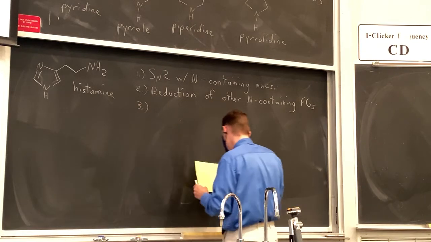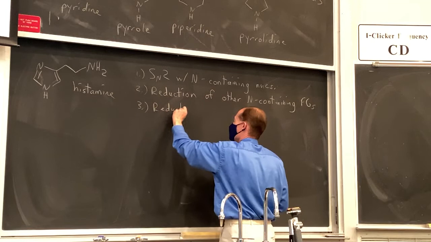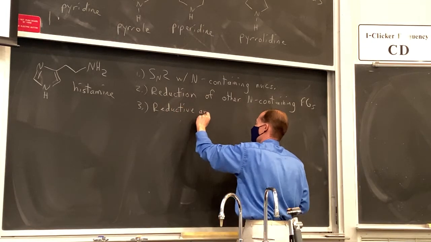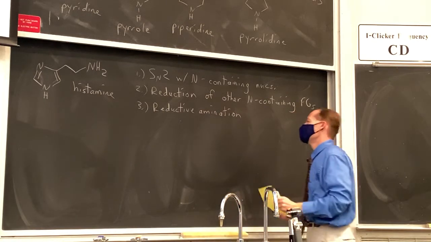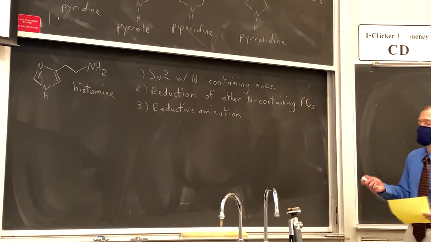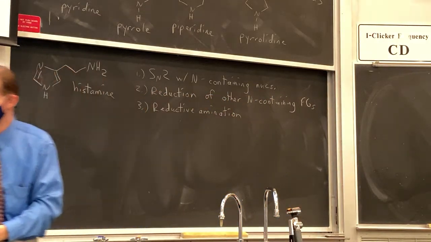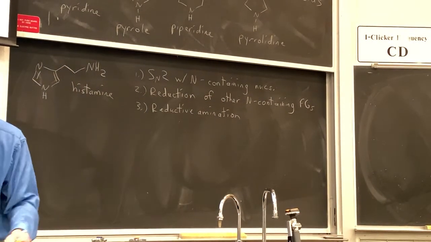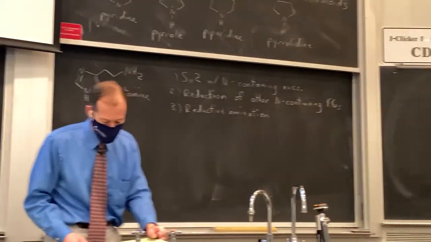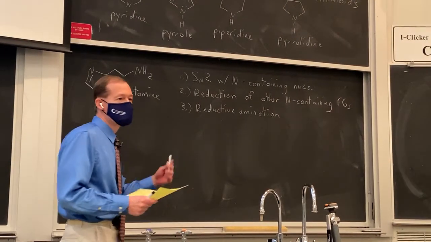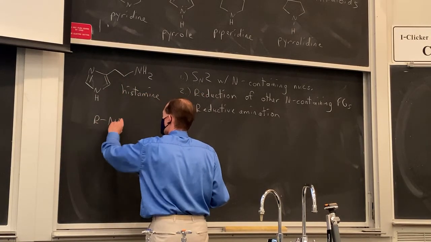And then the third method we'll talk about for preparing amines is known as reductive amination. So this is a reduction reaction, so we could put it in category 2, but it's a very, very useful, very, very powerful reaction. So we're going to give it its own category and talk about it. So first off, let's talk about using amines themselves as nucleophiles.